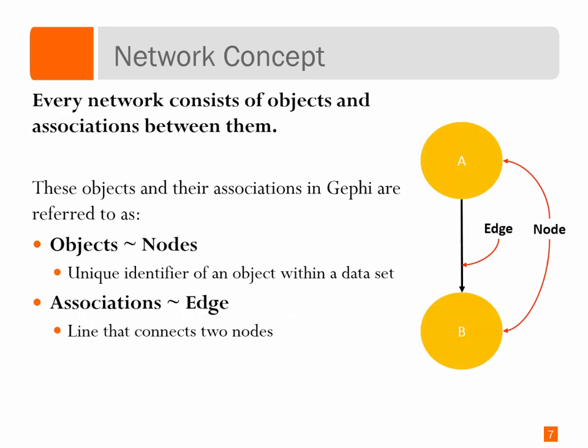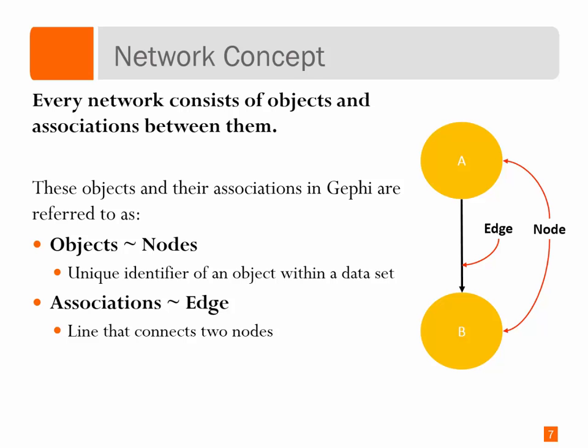Now let's focus in more on the network concept. In a network diagram, every network consists of objects and the associations between them. These particular objects on the right-hand side of the screen, one labeled A and one labeled B, are referred to as nodes.